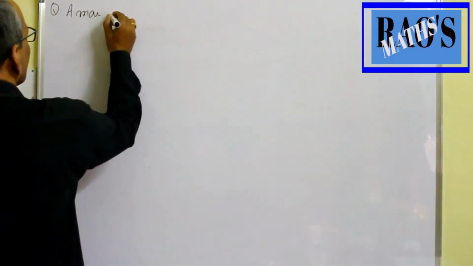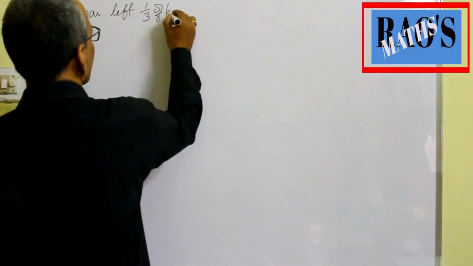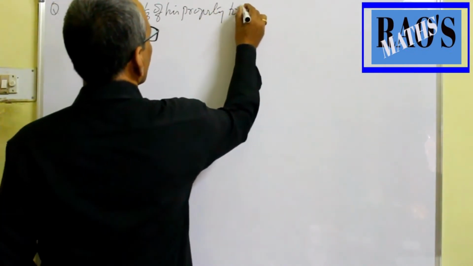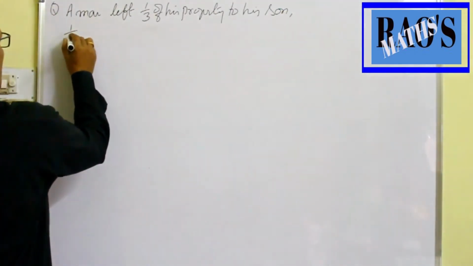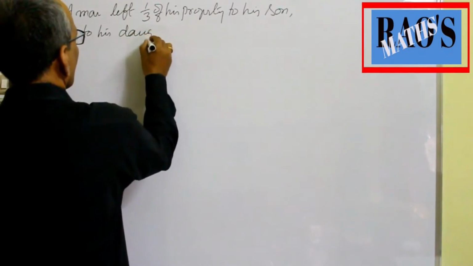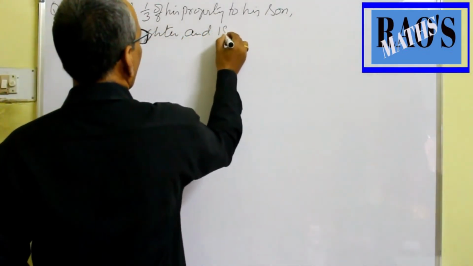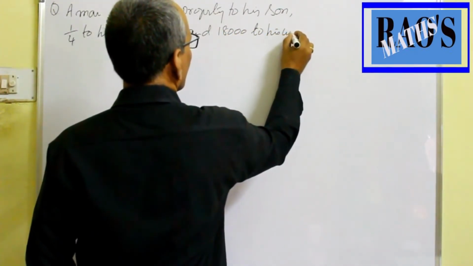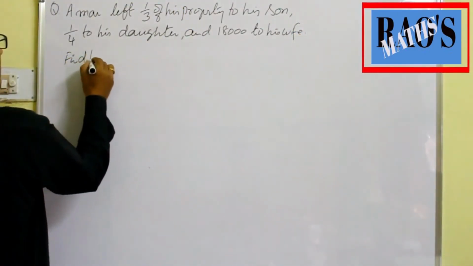A man left 1/3 of his property to his son, 1/4 to his daughter, and 18,000 to his wife. Find his total property.